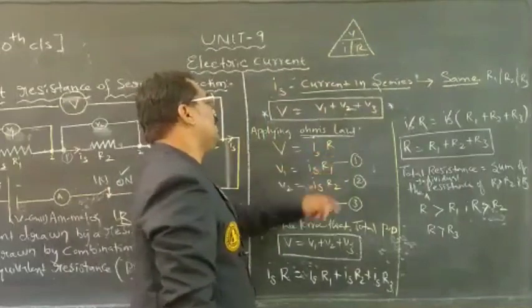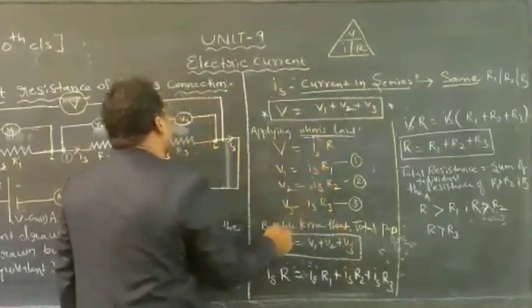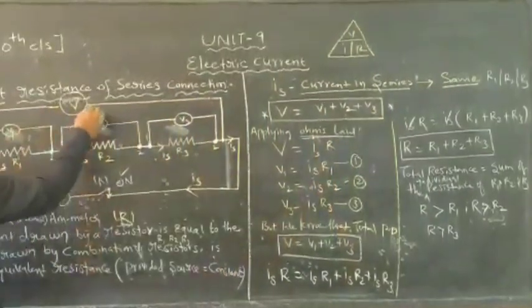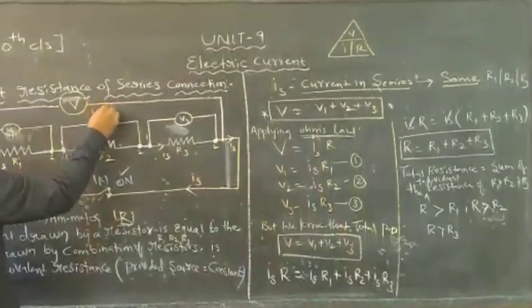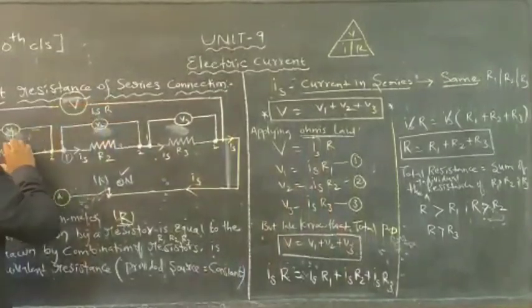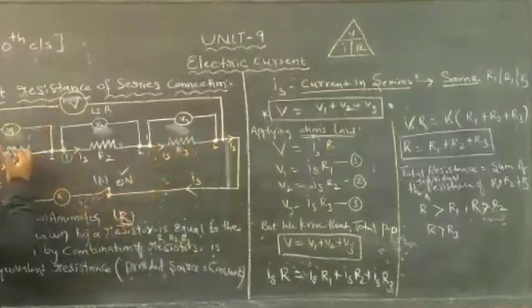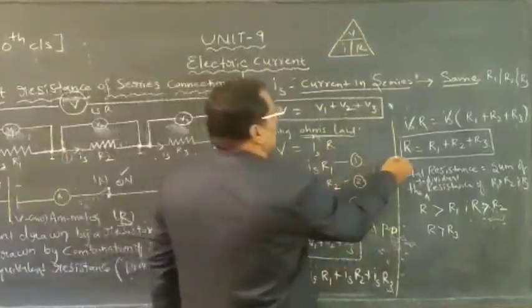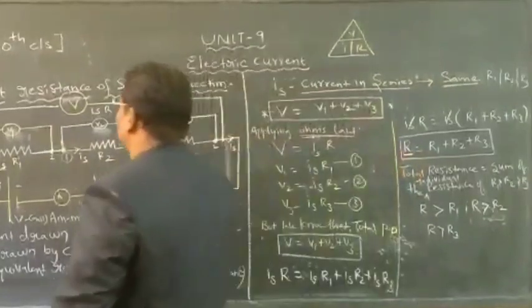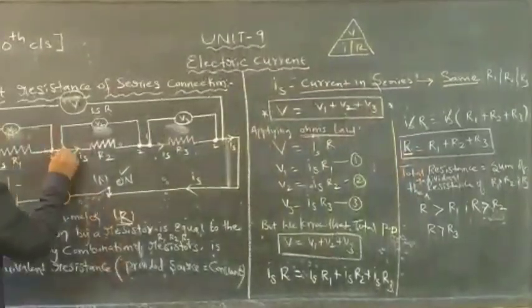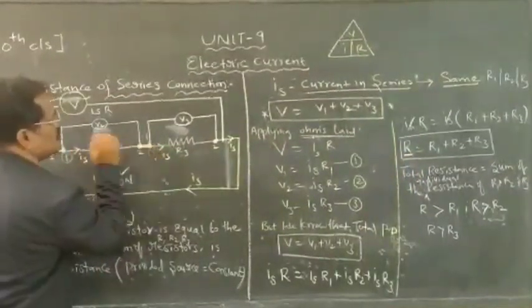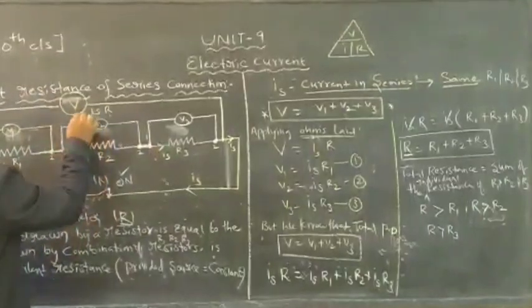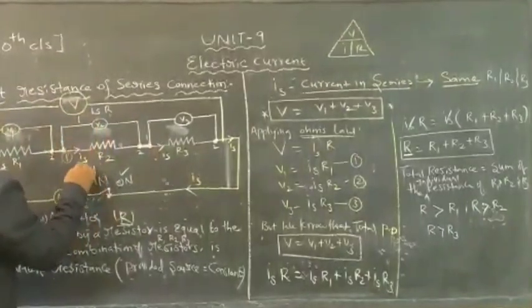V is equal to IR. The total current flowing within this particular voltage is also capital IS into R. This total wire, R1, R2, R3 combination of these three things will behave like what? An individual resistance wire. That is nothing but the total R taken there itself.